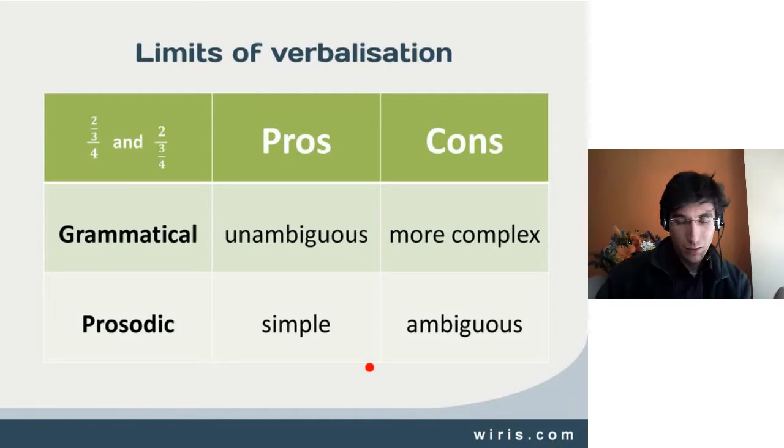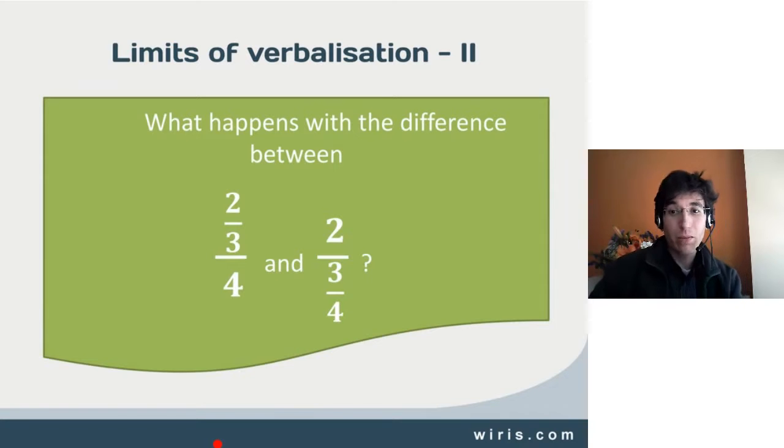I think I have it on the next slide, larger. So when it comes to more complex things, we can still do it with both approaches in this example. So I could say numerator 2/3, denominator 4, numerator 2, denominator 3/4, or 3 divided 4, with a grammatical approach.